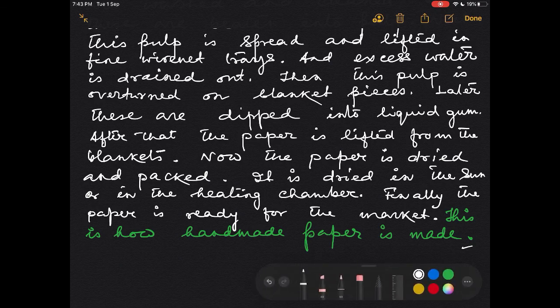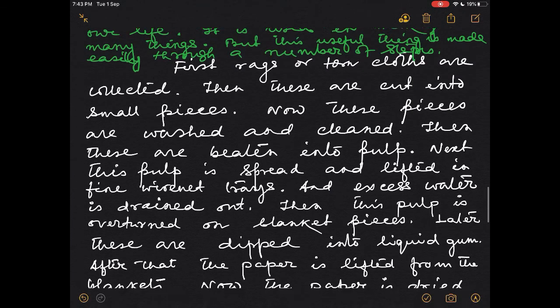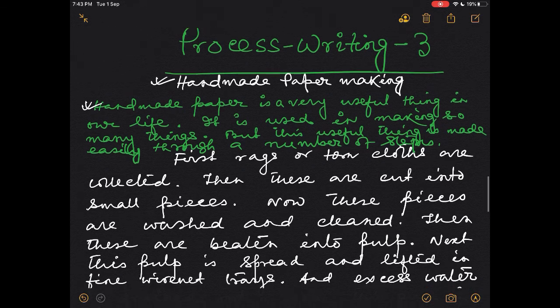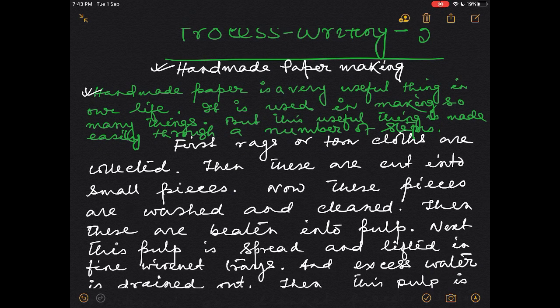Okay, now if you write this way in your examination hall, what type of marks you are going to have, I will show you. So if you write this in your examination hall, this way marking is made. Let's see. This is for the introduction, so you will get 1. And this one, first rags or torn clothes are collected, this is half.